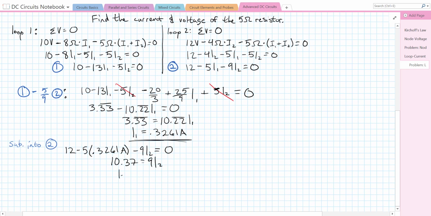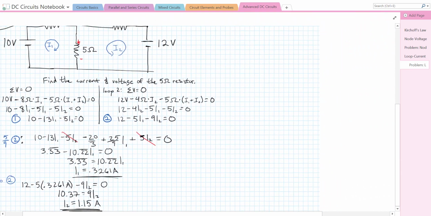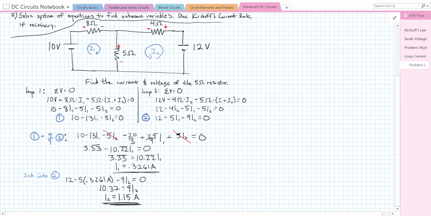And that means I2 is going to have to be equal to 1.15 amperes. So we're pretty close to being done. I'm going to move back up close to the circuit for the very last final answer.